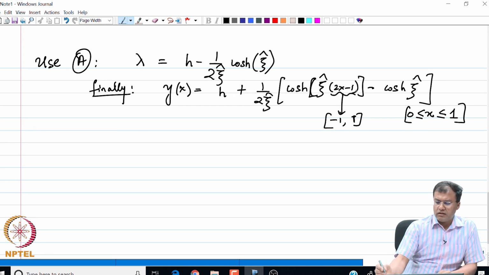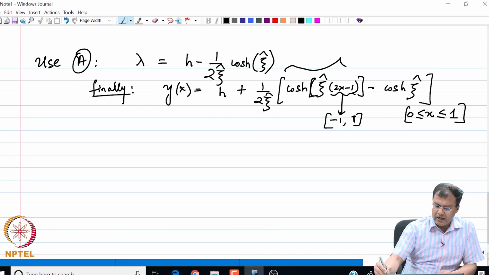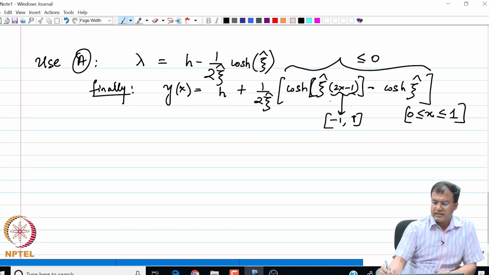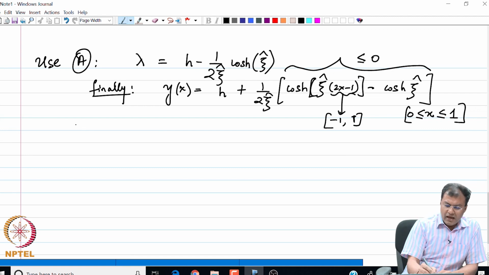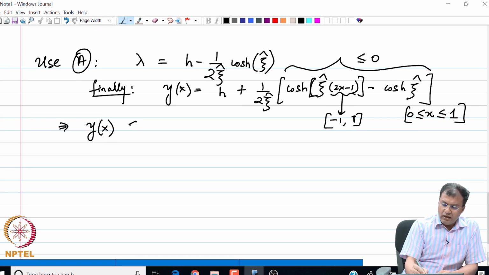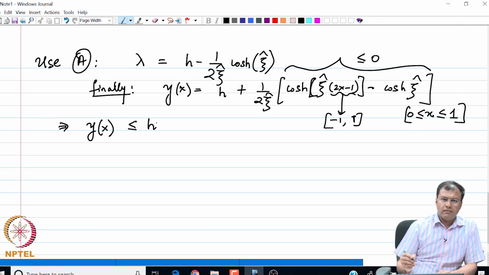So this straight line lies between minus 1 and plus 1, which means that this bracketed quantity can only be less than or equal to 0, because the left hand side term is bounded above by this right hand side term. So in general, y of x is less than or equal to h.